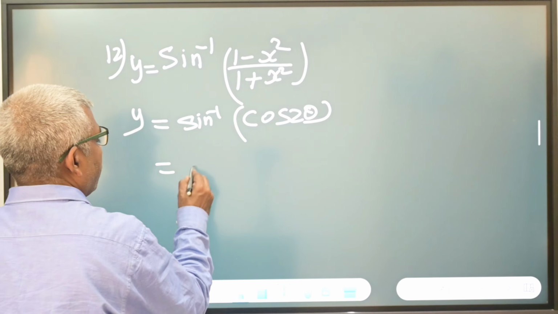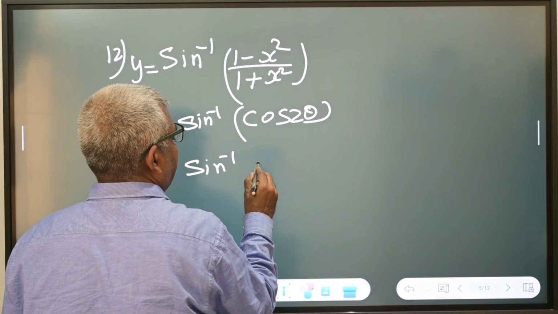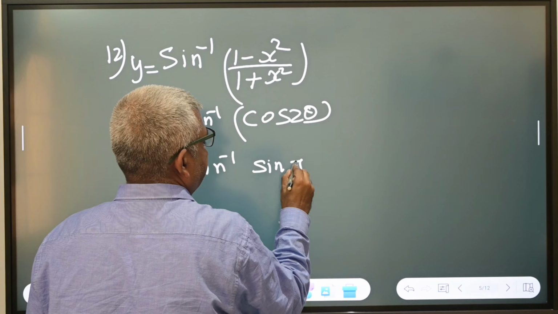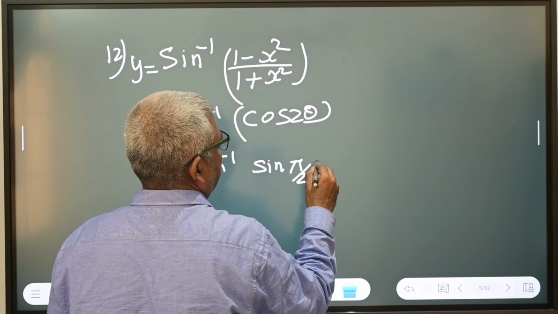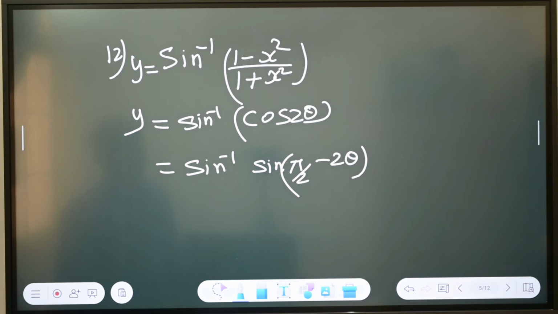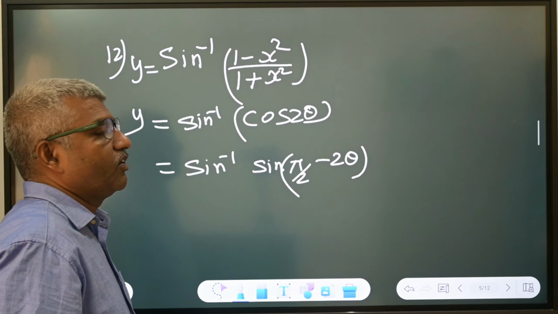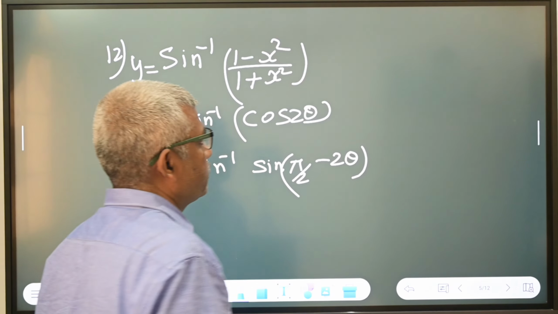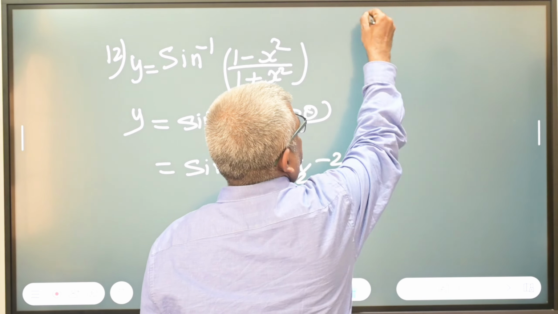So we know one formula: cos theta equal to sine of pi by 2 minus theta, that is, cos theta equal to sine of 90 minus theta, and sine theta equal to cos of 90 minus theta. You know this very famous formula.